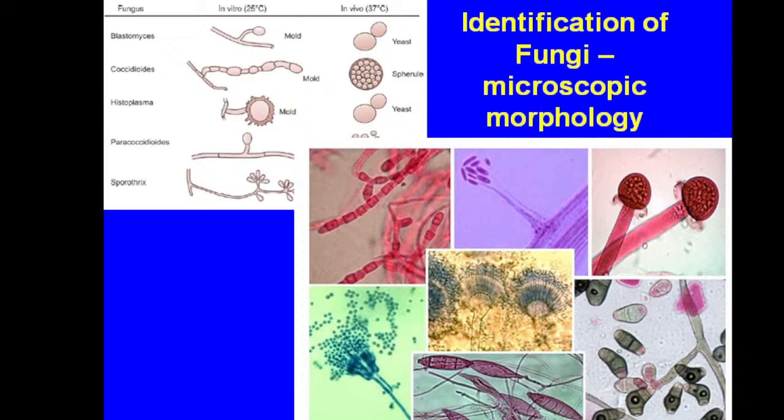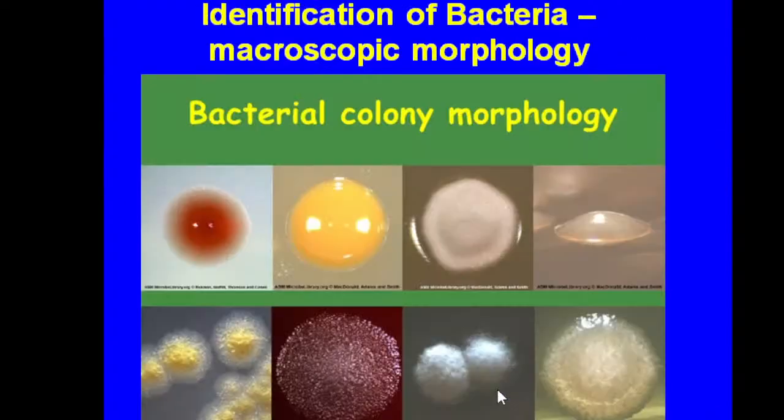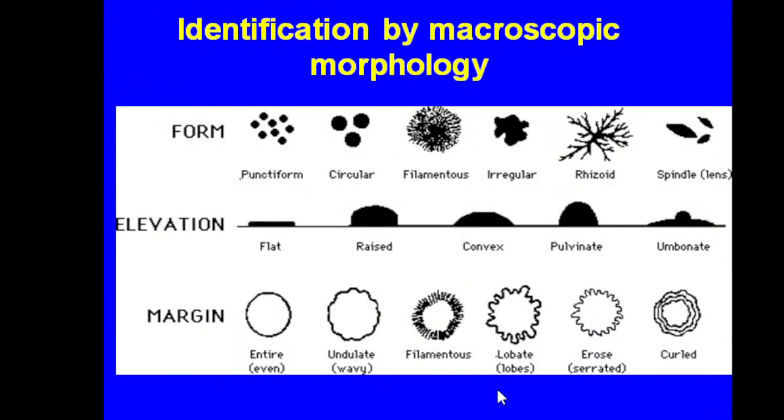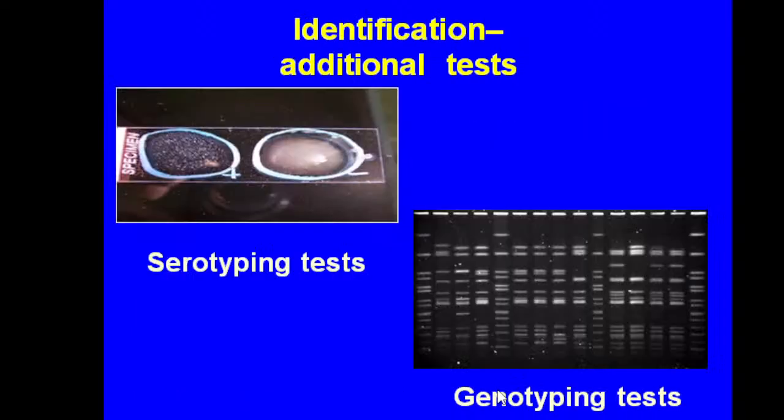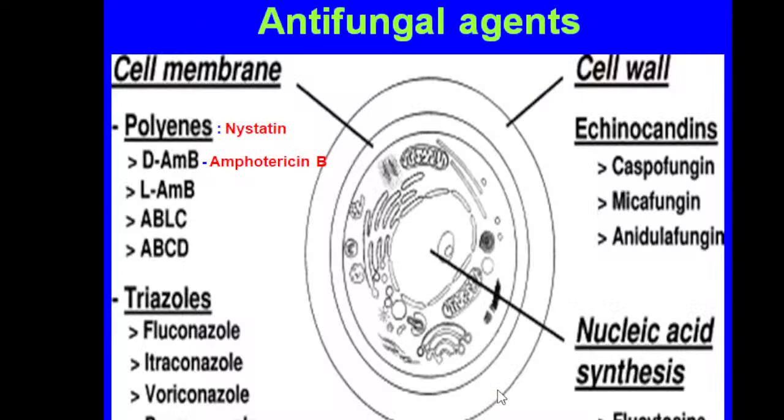And we can see different types of spores and conidia spores. So this is really very important in identification. There's also colony morphology and all this. But then an additional test is antimycotic resistance. And also we can use serotyping, genotyping, and that.